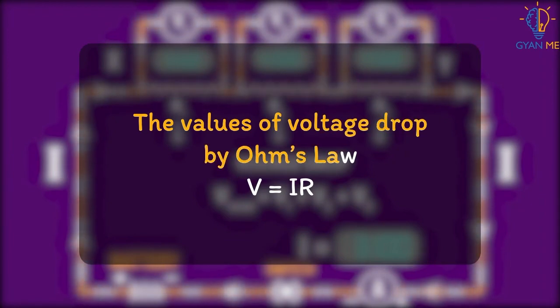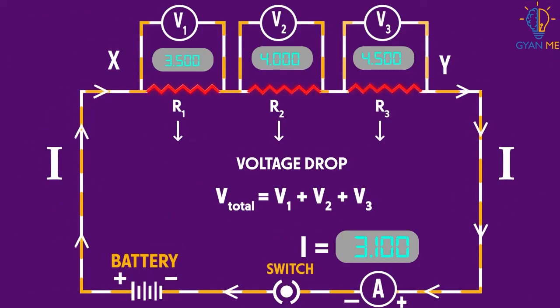We can calculate the values of voltage drop by Ohm's law. We know that the total voltage of the circuit will be the same as that of the battery's voltage. So the voltage across the three resistors will be equal to the sum of the voltages across the individual resistors. We can write this as V total is equal to V1 plus V2 plus V3.